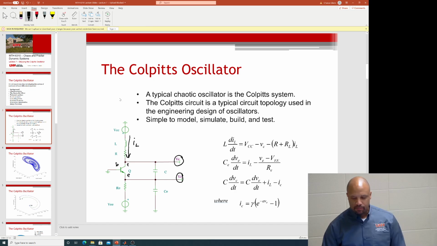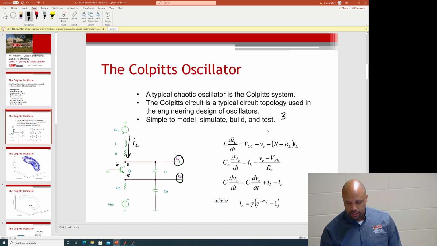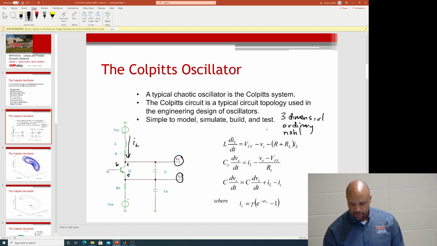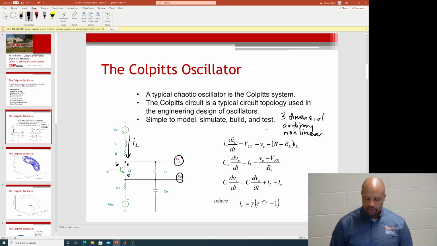Now, as you see, these equations are in terms of a time-varying differential. So this is a set of three-dimensional ordinary nonlinear differential equations. And the difference in terms of time, right? dt.